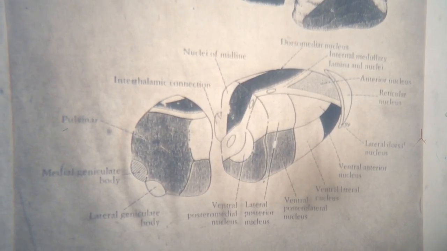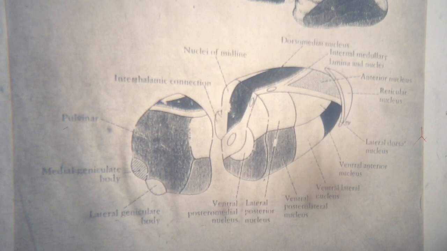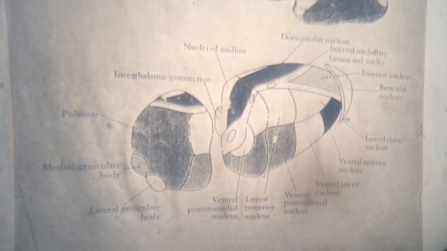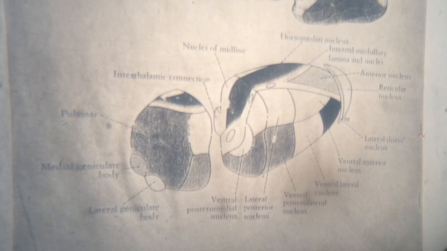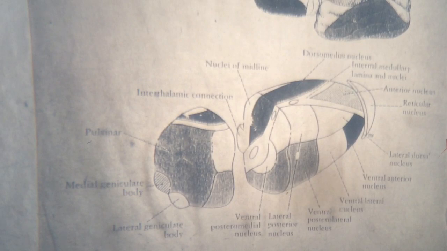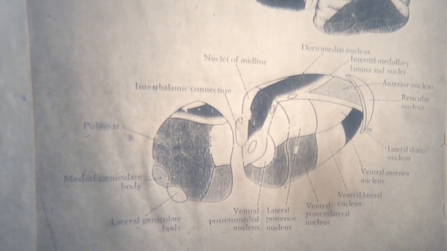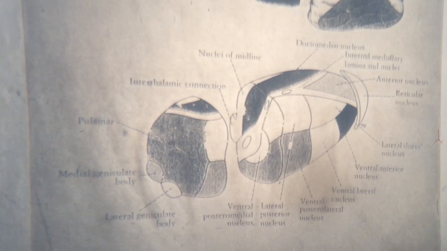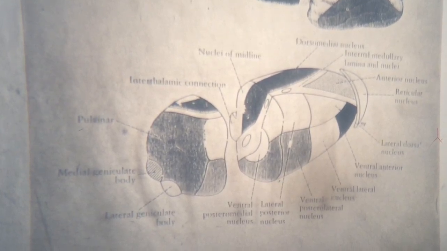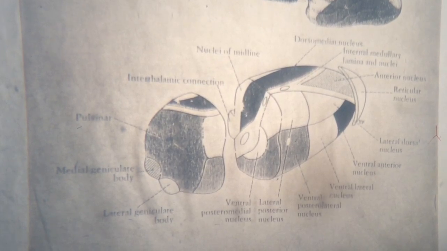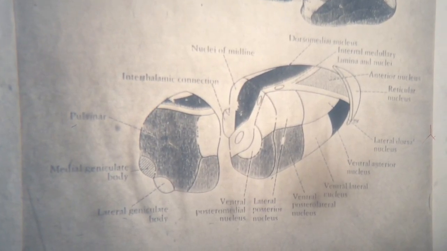These include the intralaminar nuclei, midline nuclei, reticular nuclei, medial geniculate body, and lateral geniculate body.